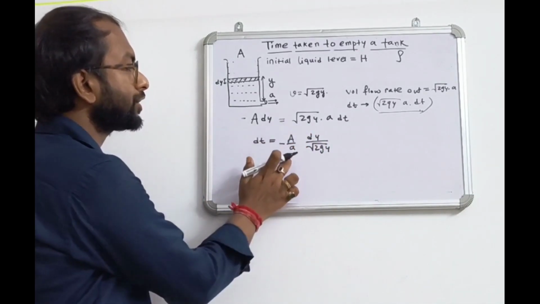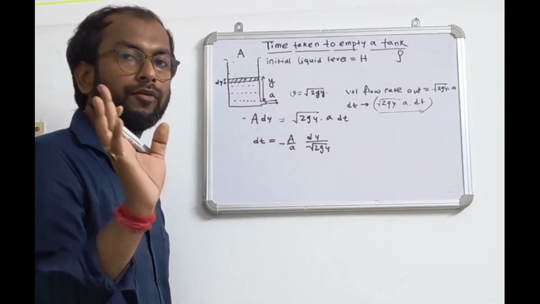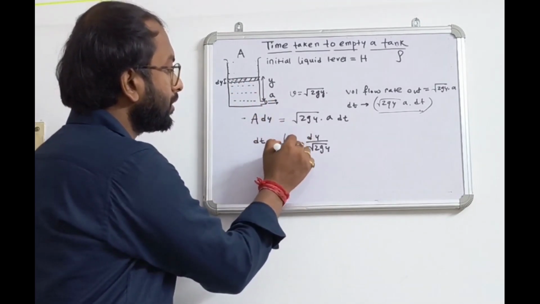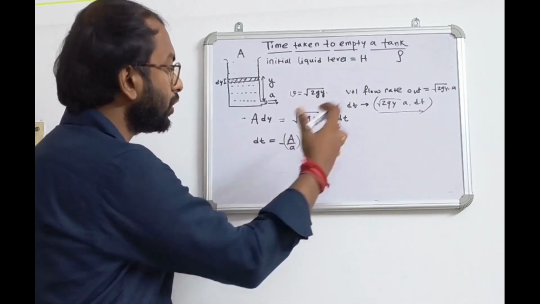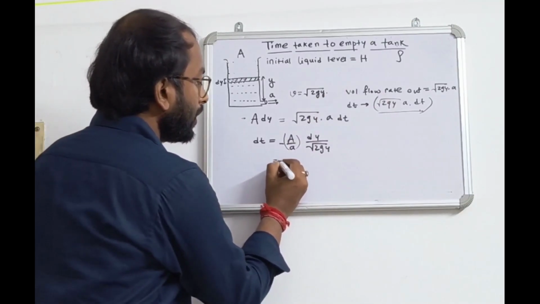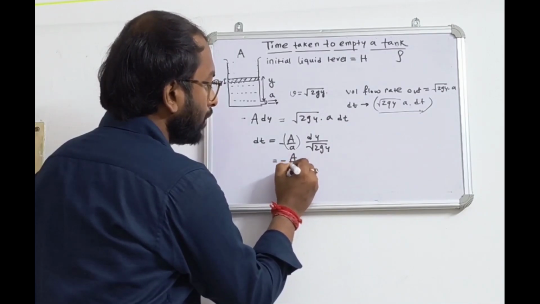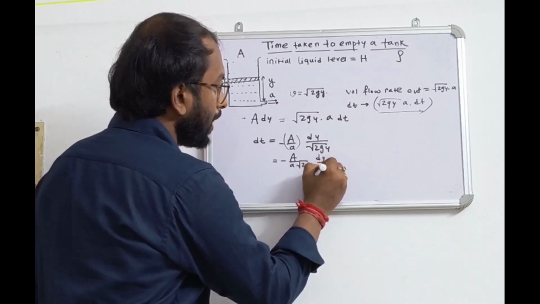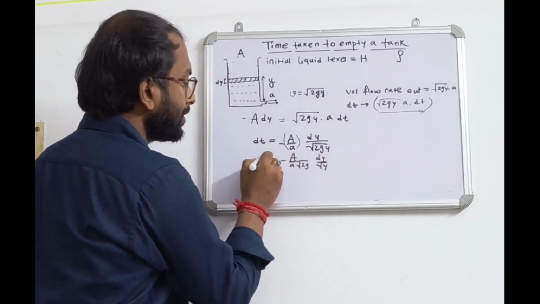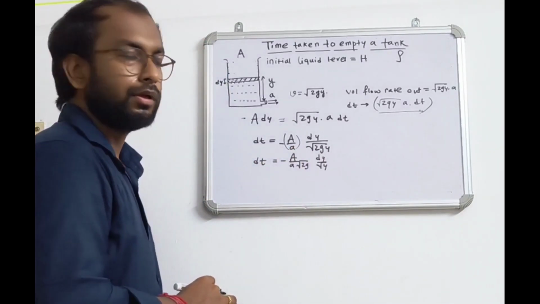This A by a is constant for a particular container and for a particular hole, and the term root 2g in the denominator is also constant. So we'll write minus A by small a root over of 2g, dy by root y, that is dt, a small time dt.